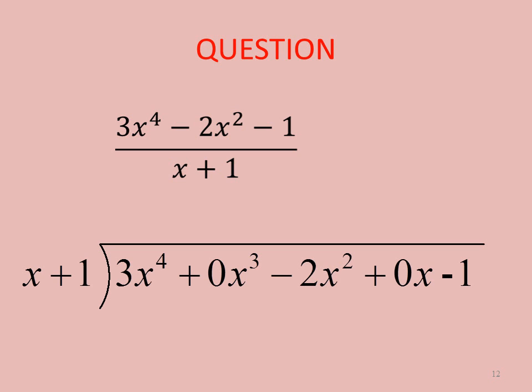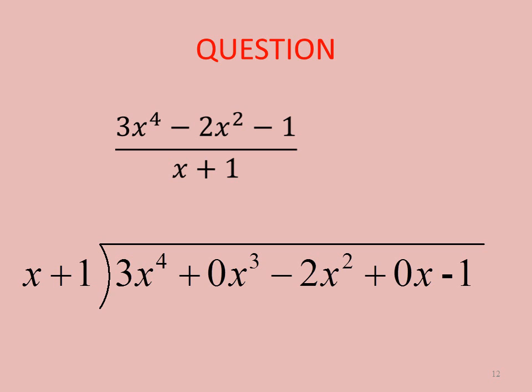You can see that the denominator, the divisor, x plus 1, is outside the bus stop. Inside the bus stop, we have 3x to the power of 4 plus 0x cubed minus 2x squared plus 0x minus 1.